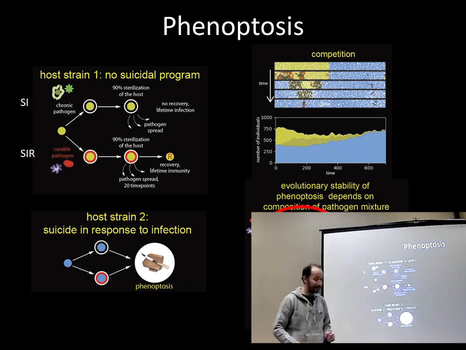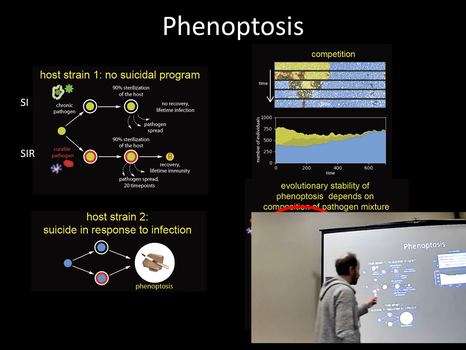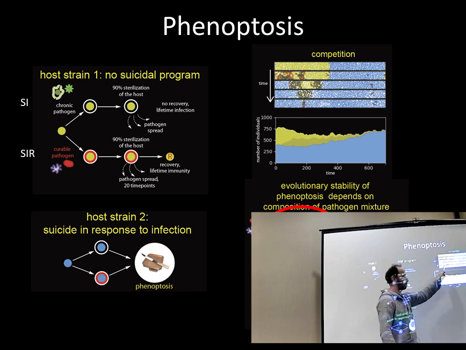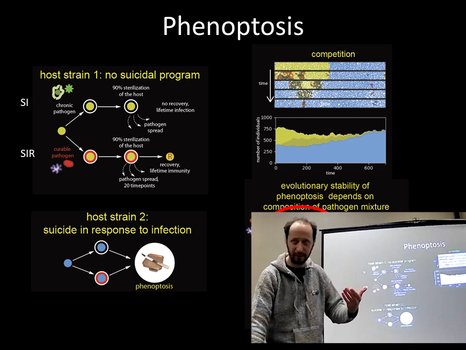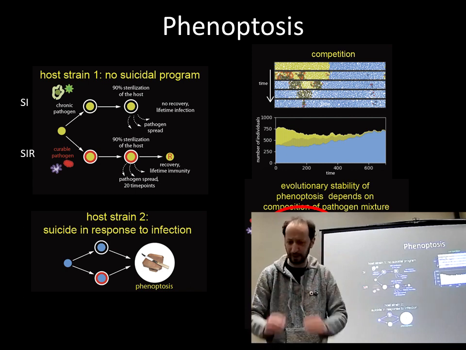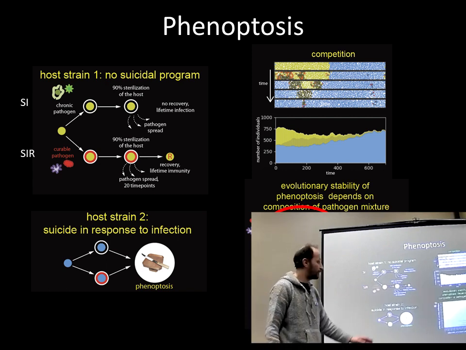So what happens if we have prevalence of chronic infections? Then indeed this harakiri strain is winning, because if the individual is infected with the chronic disease which sterilizes it, it's better to kill itself in a viscous population. This is a sensitivity analysis.